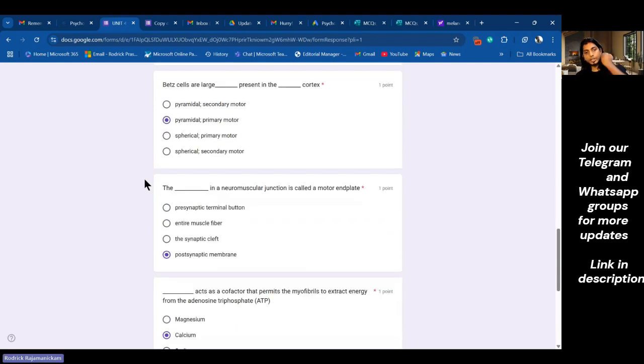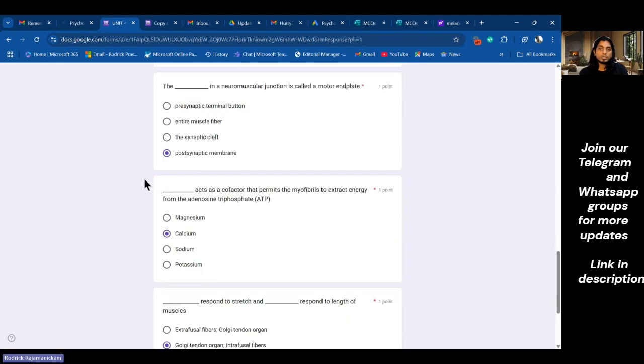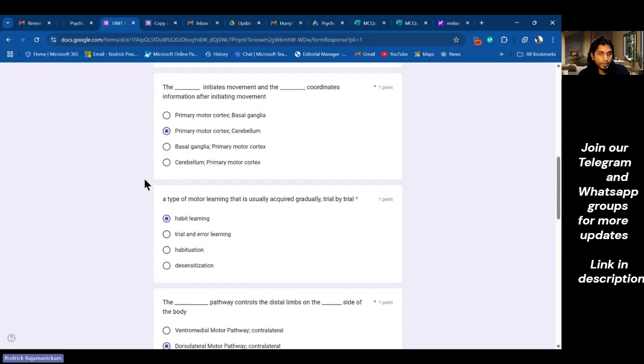So this is about biopsychology, all right? So it's not about, let's say, learning and memory. So it's a type of motor learning. Okay, so it's acquired gradually. So something that is gradually obtained is a habit. Trial and error is something that happens almost once.